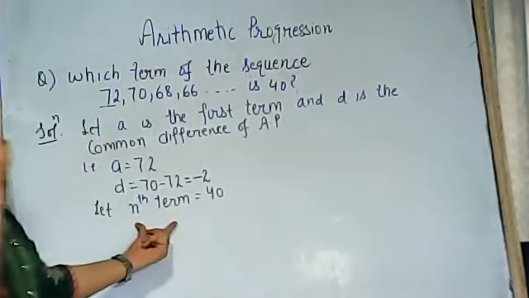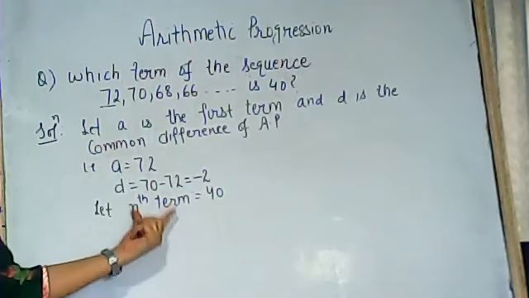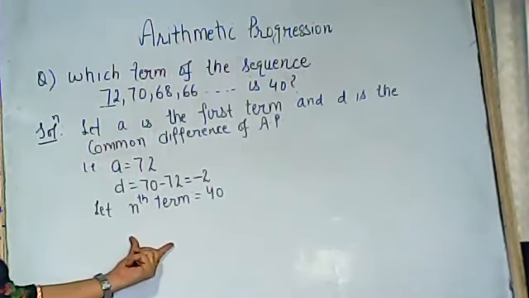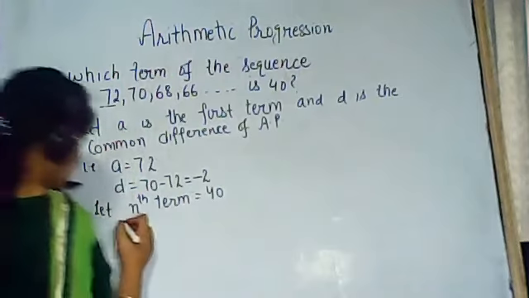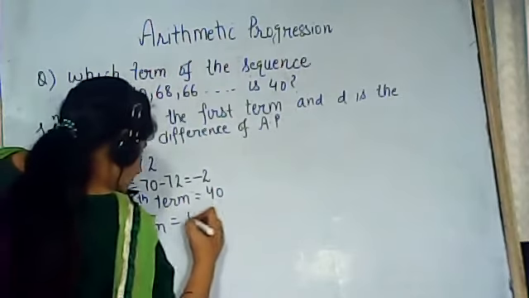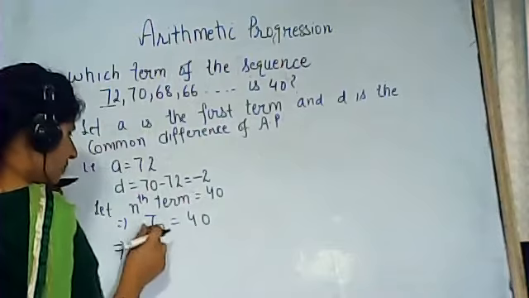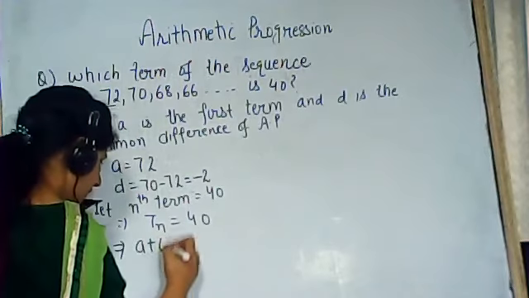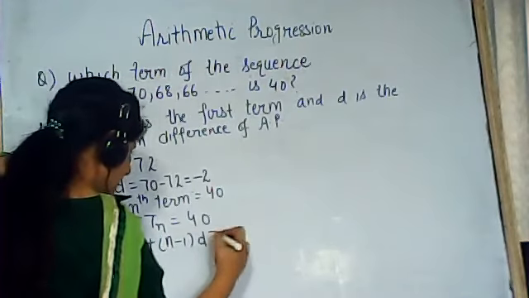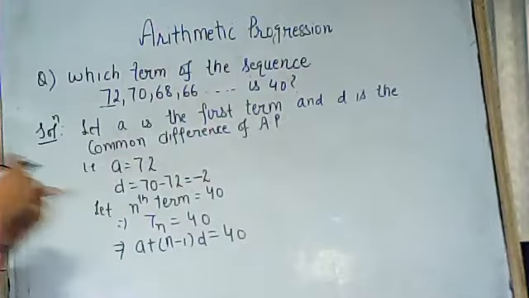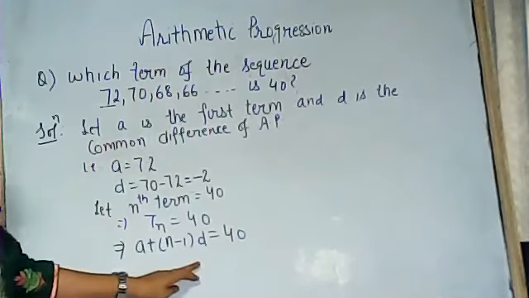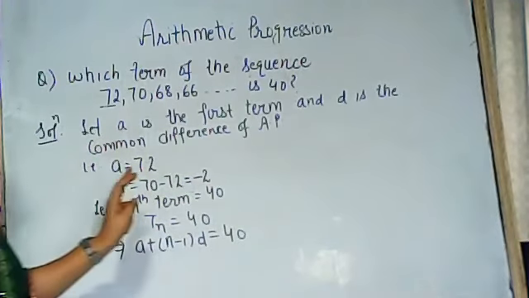And by applying the formula of nth term, we shall calculate the value of n. The nth term is equal to 40, which we have assumed. And what is the formula for nth term? The formula is A plus n minus 1 into D. The right hand side will be the same.